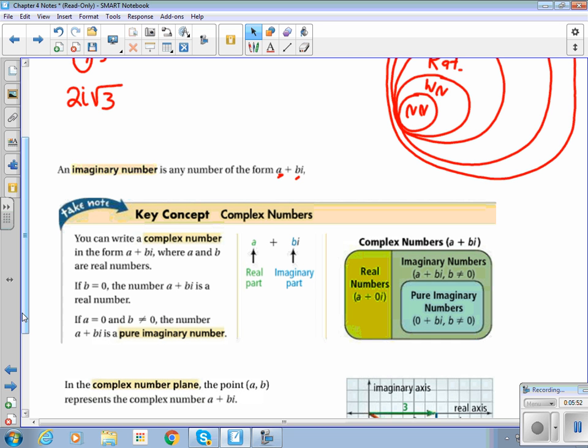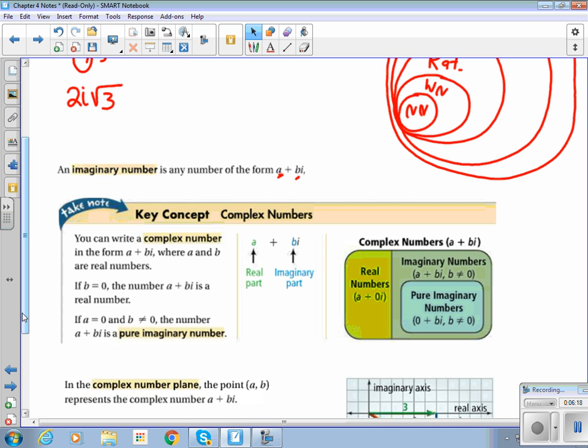So you can write a complex number in the form a plus bi, where a and b are real numbers. If b is equal to 0, the number a plus bi is a real number. If a is equal to 0 and b is not, the number a plus bi is a pure imaginary number. That means it doesn't have a real part to it.